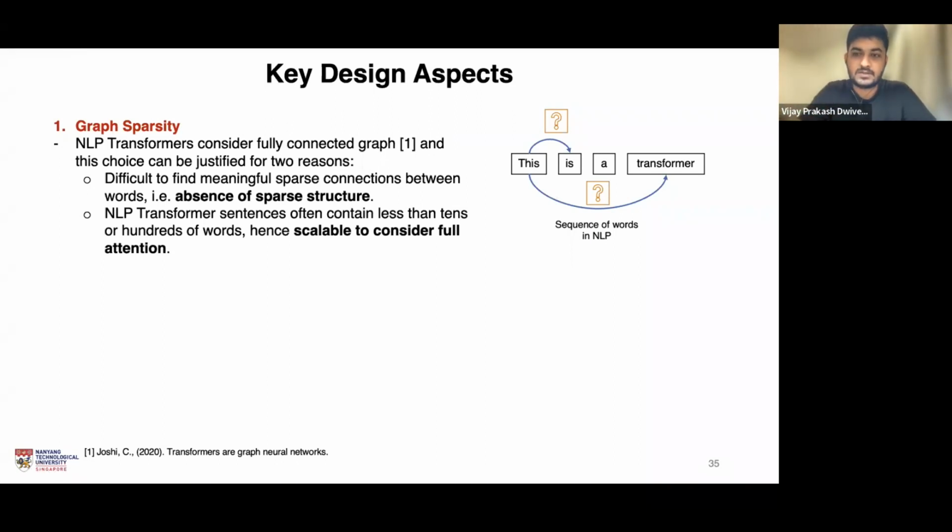So we have an absence of a sparse structure in the sentence graph. Similarly, sentences usually have less than tens or hundreds of nodes. So if we consider a fully connected graph, it's possible to fit into memory. If we have 100 words in the sentence, we can simply have a 100 cross 100 graph.